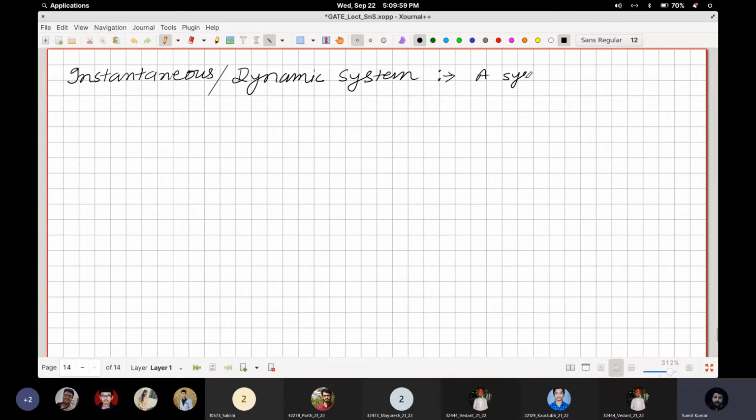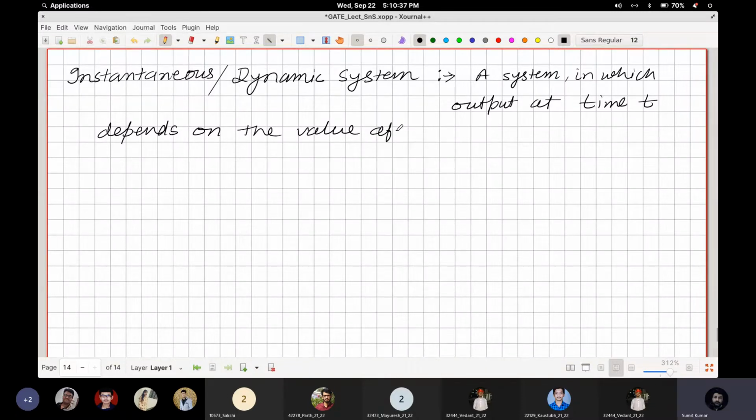So a system in which the output at time t depends on the value of the input at time t only is an instantaneous system.